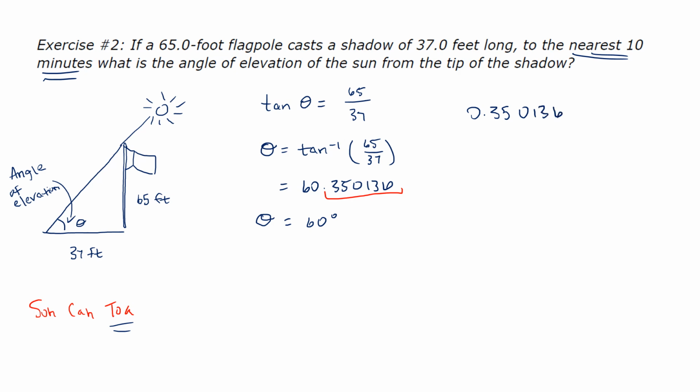Okay, so we'll take our decimal part, 0.350136, and we'll multiply it by 60, and we'll get roughly 21.008189, but it asks us to round to the nearest 10 minutes. So 21.008189 to the nearest 10 would be 20 minutes.